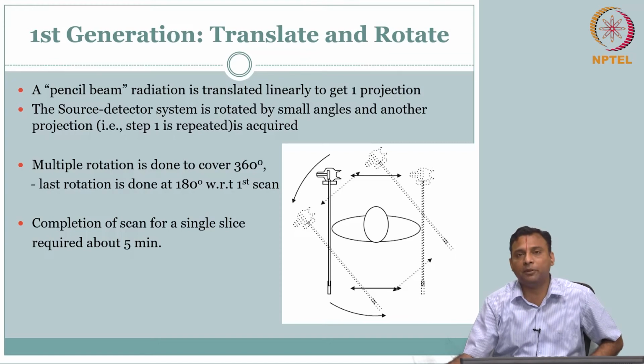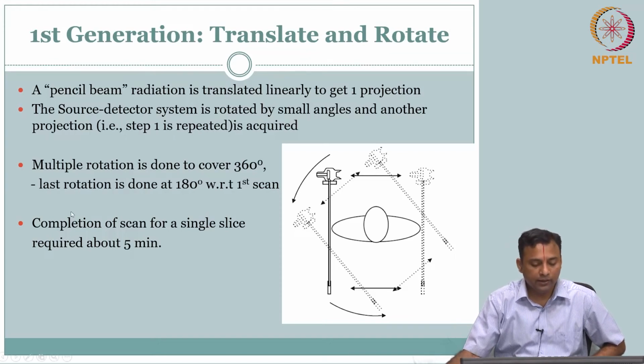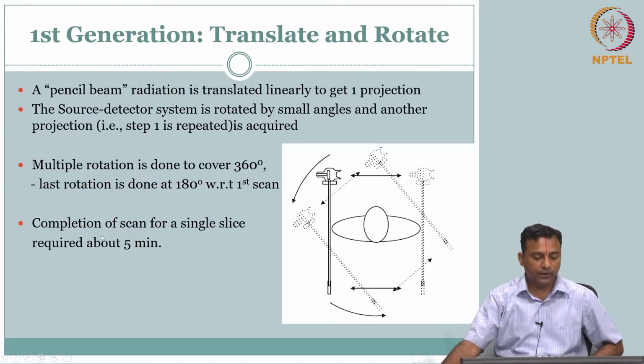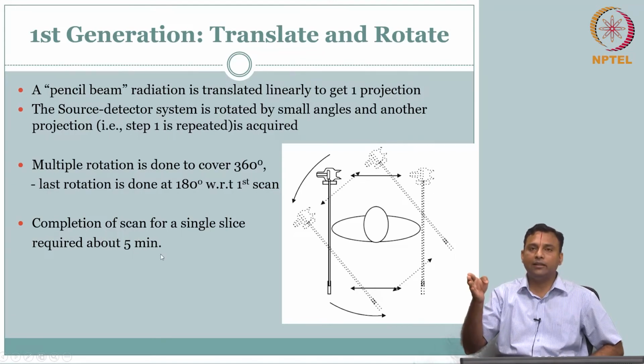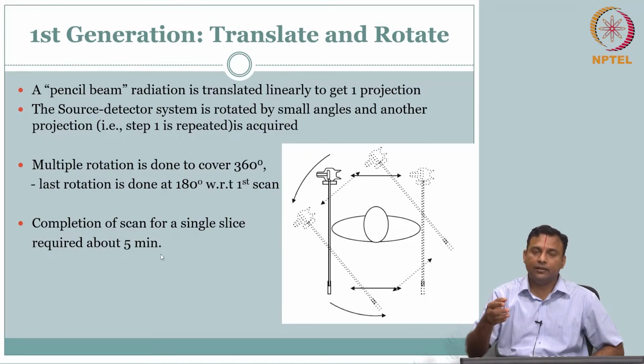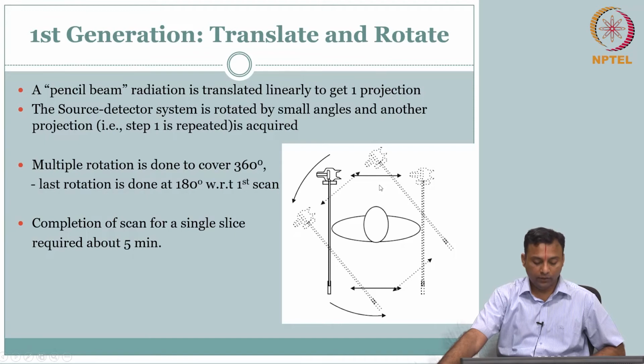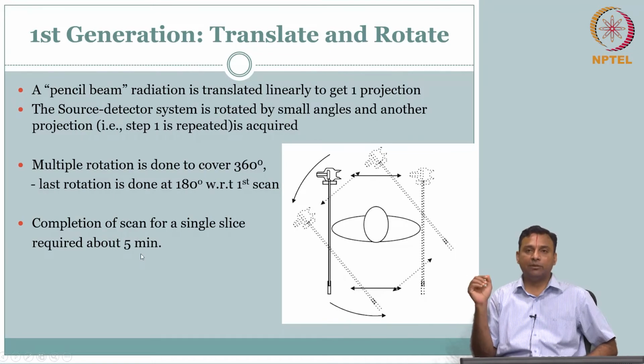So you had some acceptable image quality to begin with, but the major challenge was you have to really move, translate, rotate and translate. To gather this mechanical translation and rotation, it took time. How much time? It was in the order of about minutes, 5 minutes, 6 minutes kind of deal.